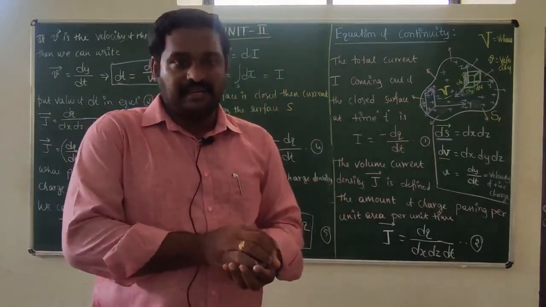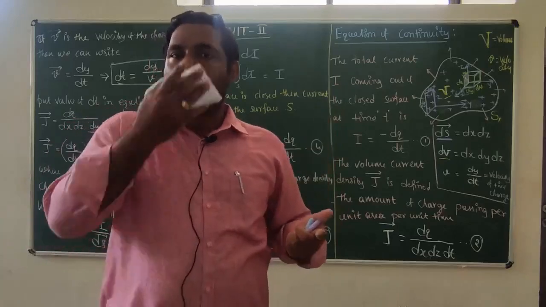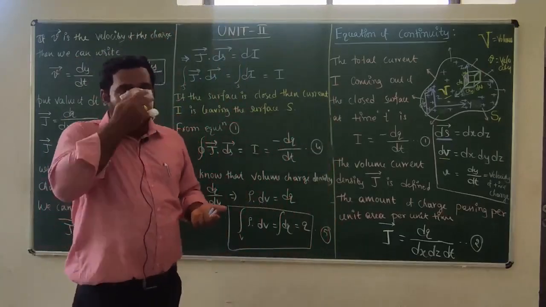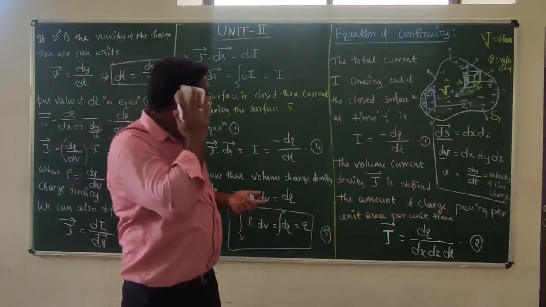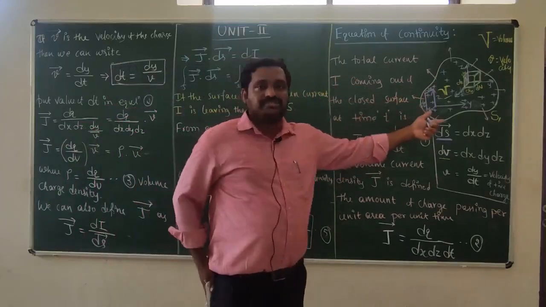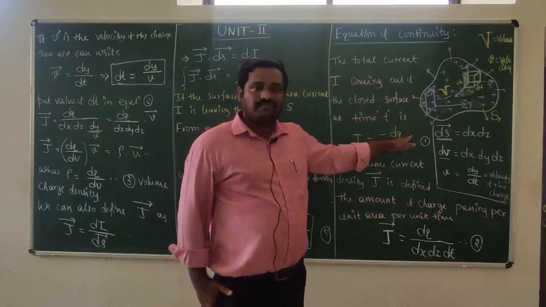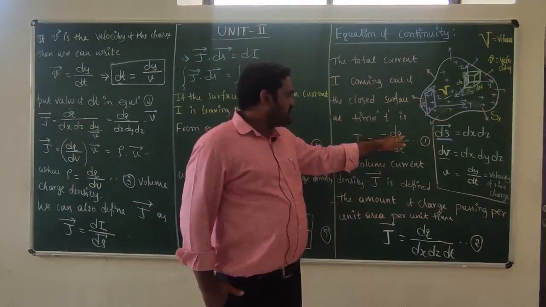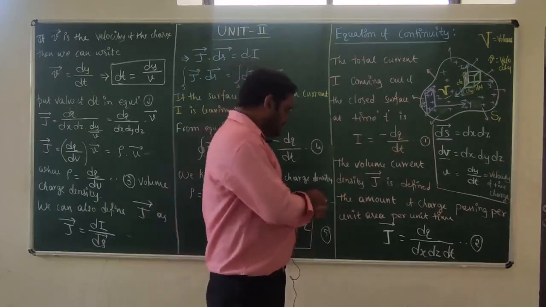If the field line direction is outward, then the current direction is also outward. That's why the total current I coming out of the closed surface is I equal to the rate of flow of charge, where charge is Q, so minus dQ by dt. Why is this negative sign given here?